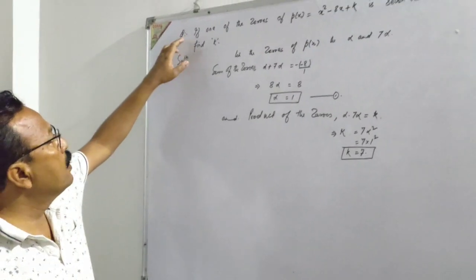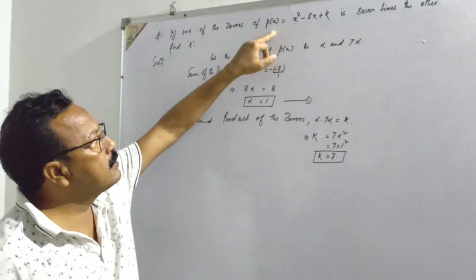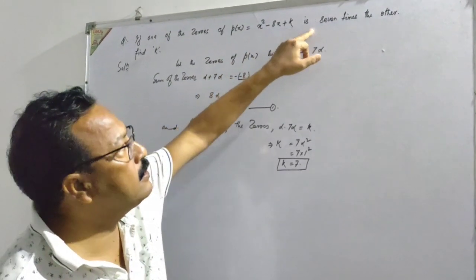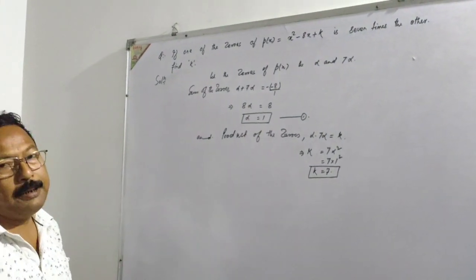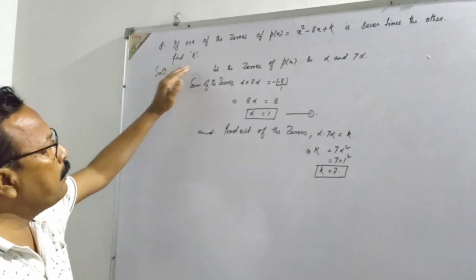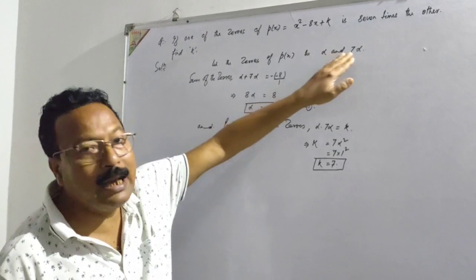The next question is: if one of the zeros of Px equals x square minus 8x plus k is 7 times the other, find the value of k. First of all, we consider the zeros of Px as alpha and 7 alpha.